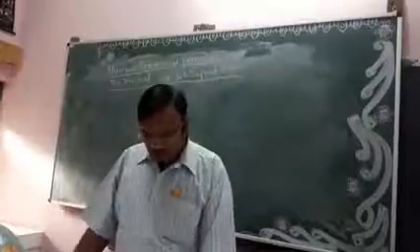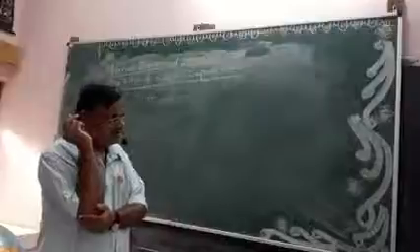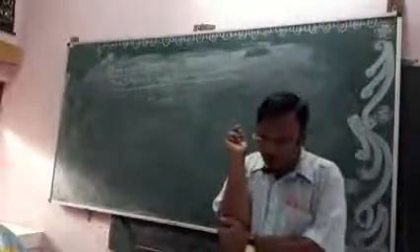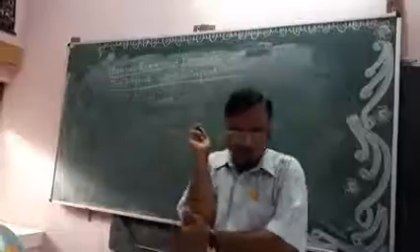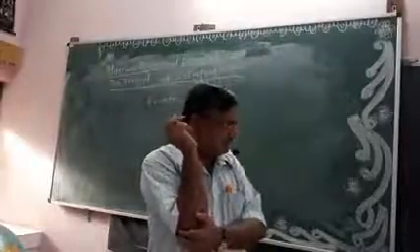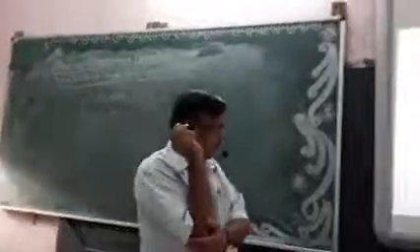Trees like teak and sal grow in this tropical deciduous forest. Bamboo groves grow in Assam and Arunachal Pradesh in the Brahmaputra plain area.